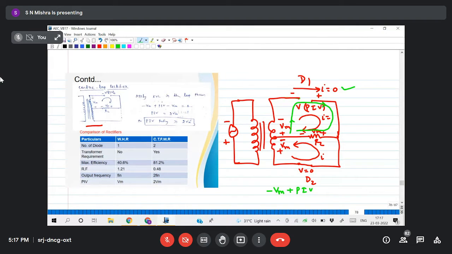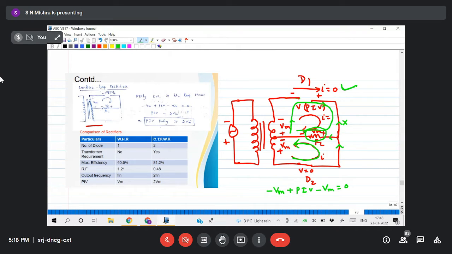Yes, sir, current due to the second diode, since that is in forward bias. You see, the lower loop is on, so current will flow in this direction, not in the other direction, but through the load. Some current is flowing, which obviously means a voltage drop across RL. Due to the upper loop I am not getting any current, but due to the lower loop I am. So that voltage will be VM, so minus VM. Understood or not?